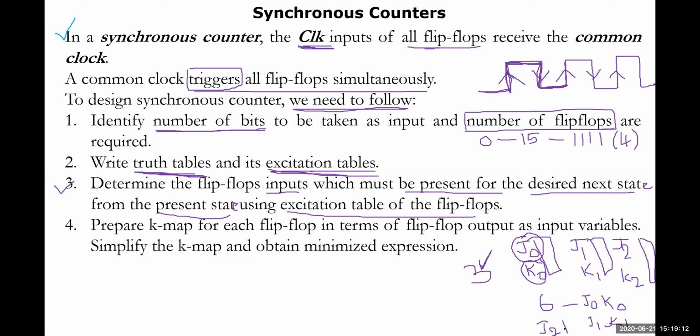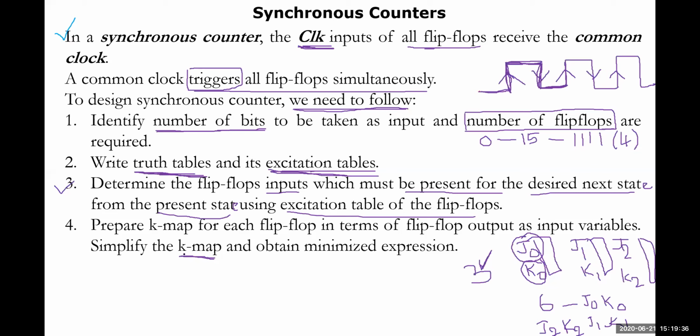You need to identify the interconnection between these three by using K-maps. So finally, the conclusion of this step is that a 3-bit synchronous counter will be implemented by you using JK flip-flops.